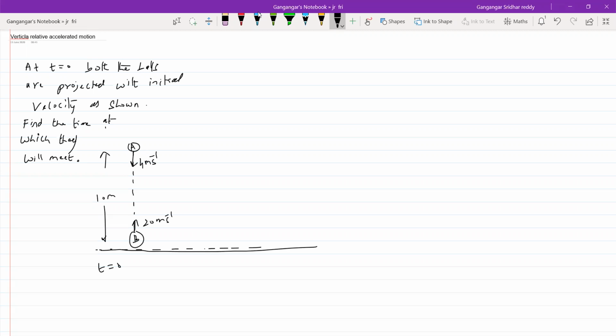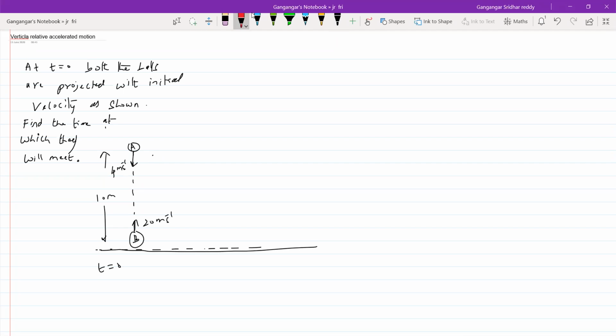Okay, now we'll directly get into the relative accelerated motion concept. Let's go for the acceleration.